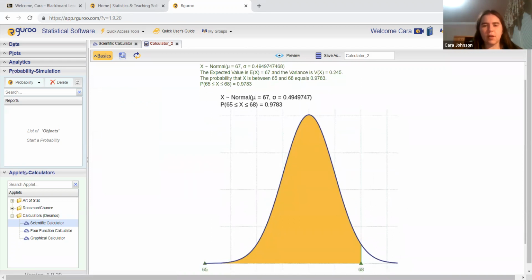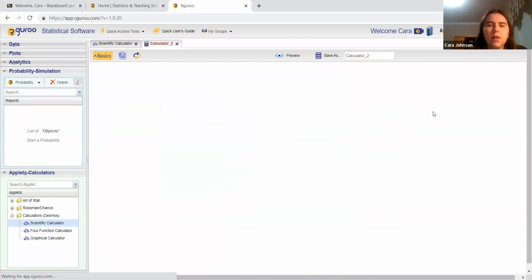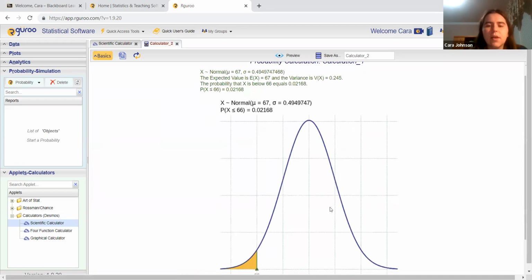The next one asks for the probability of the sample mean height being less than 66. So I'm going to put below 66, hit the eyeball, and get 0.022.